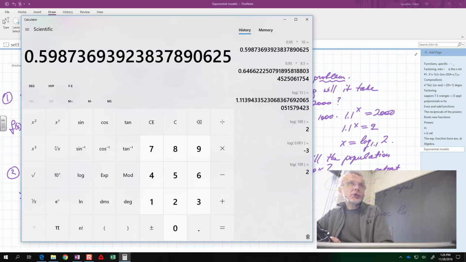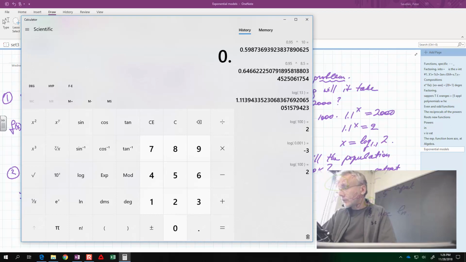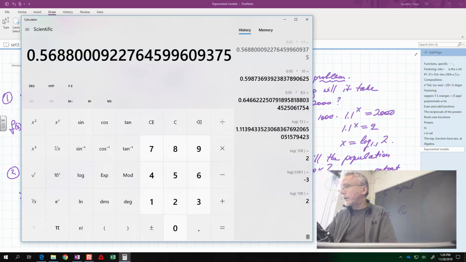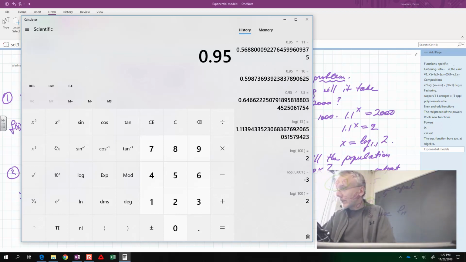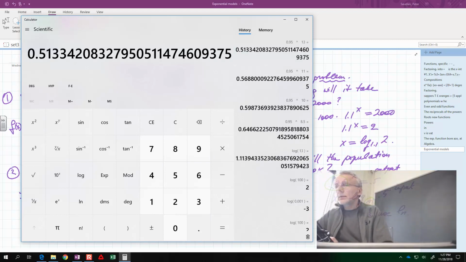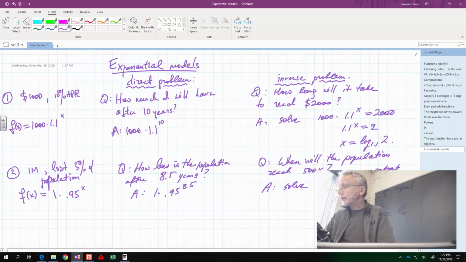Yeah, so still not dropping enough, so maybe try 11 years. So 0.95 to the 11, after 11 years, 0.56. So actually, it starts to decline slower and slower. So maybe 13. One more time, 0.95 to the power 13. Okay. So roughly a little bit more than 13 years for it to reach half of the population. Takes a while.